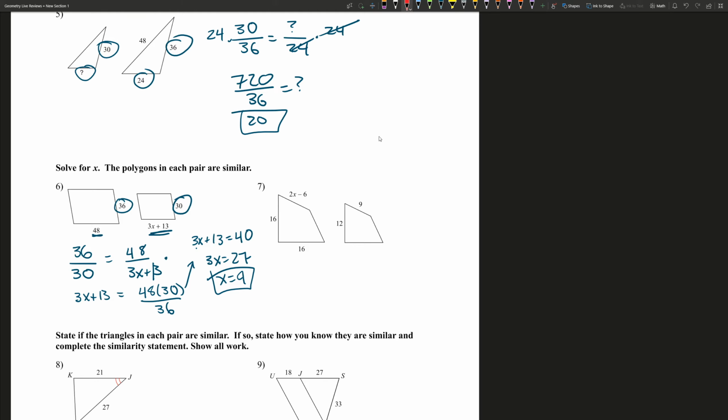And then we do that again on the other side, on number 7. All right, so 16 corresponds to 12. Right, this 16 corresponds to this 12. And then 2x minus 6 corresponds to 9.